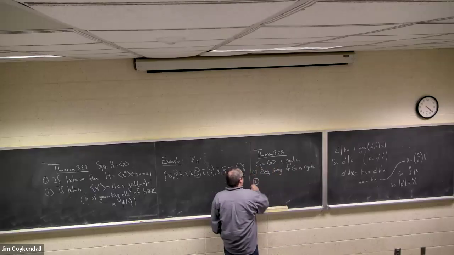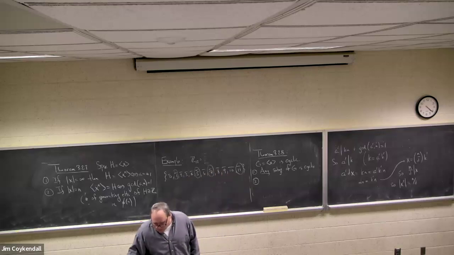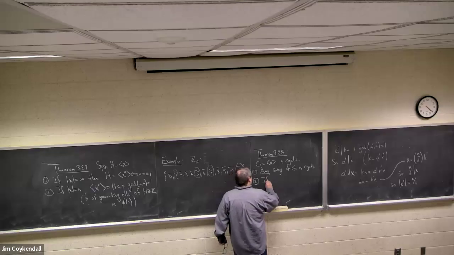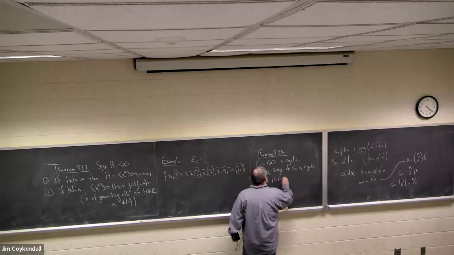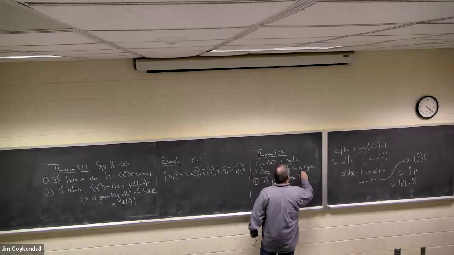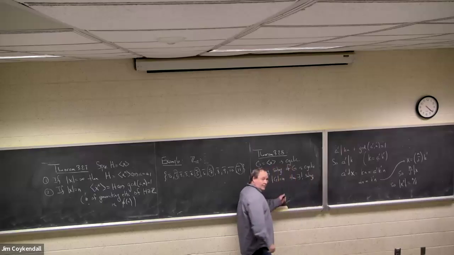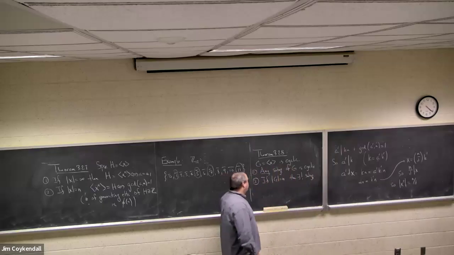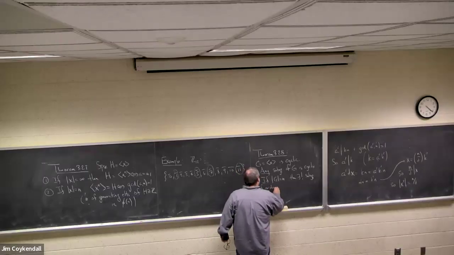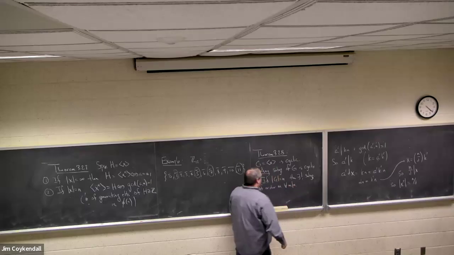And number two, if G is cyclic of finite order, if the order of G equals n, then there exists a unique subgroup, and of course the subgroup will necessarily be cyclic, of order m for all m that divides n.